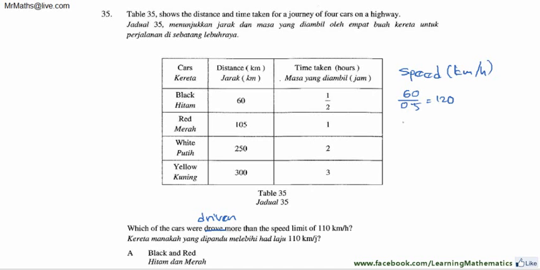But let's take a look at the other speeds as well. This is 105 divided by 1, which is 105. This is 250 divided by 2, which is 125. 300 divided by 3 is 100.